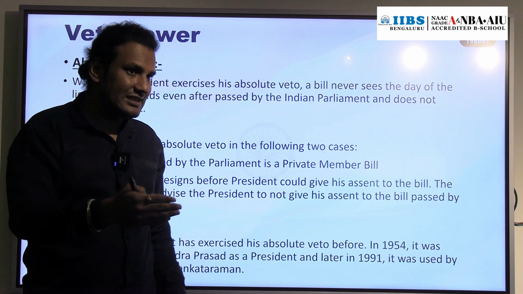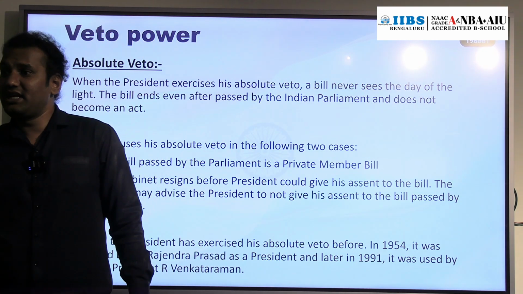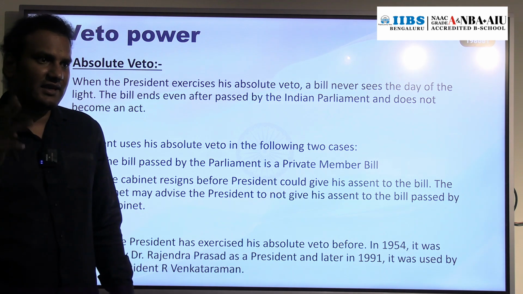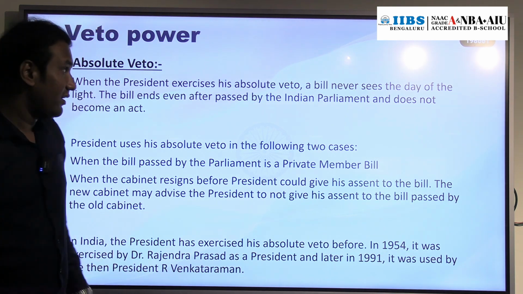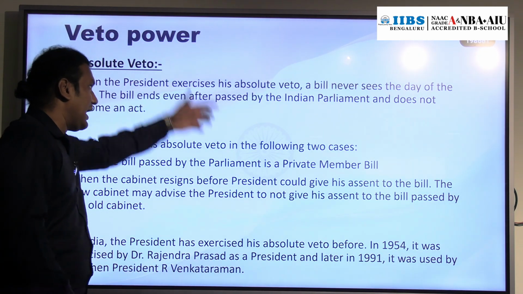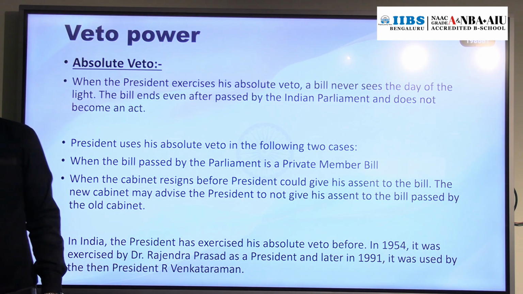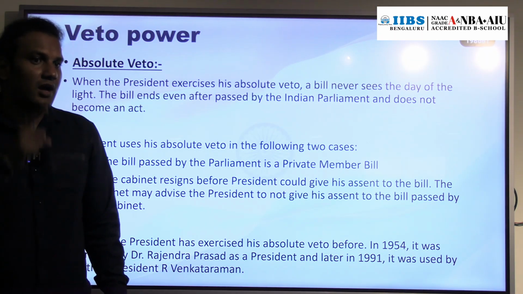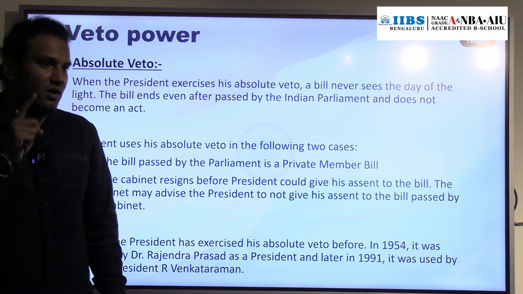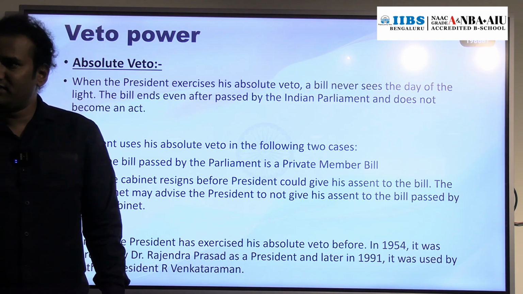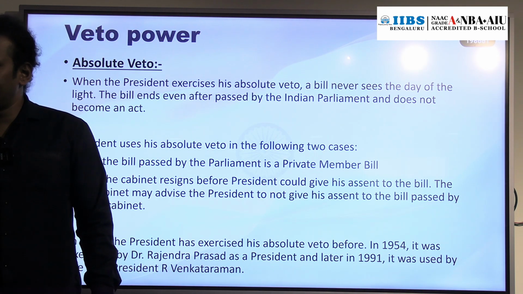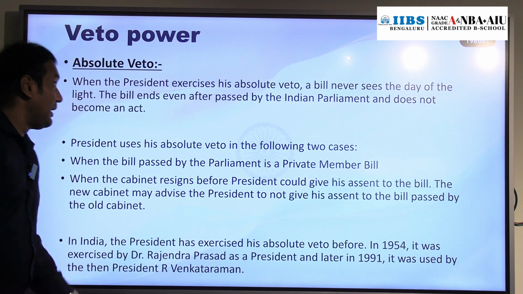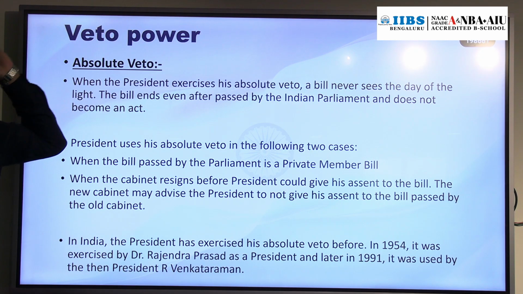So the Constitution mentions three types of veto power that the President of India has. The first is absolute veto power. Absolute veto means whenever a bill is passed by both houses of Parliament and sent for the assent of the president, the president uses the veto power, that means the president rejects the bill.